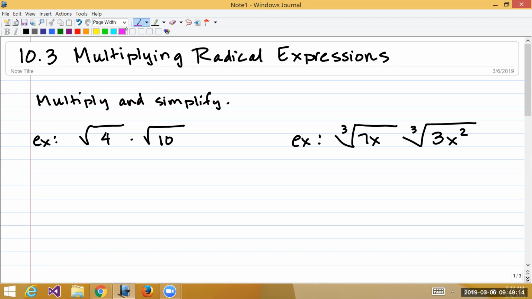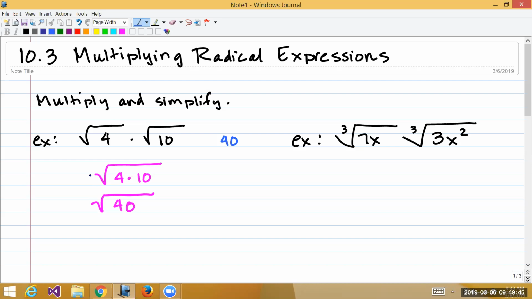together. So this one would become the square root of 4 times 10, which is the square root of 40. And we ask ourselves now, does 40 have any perfect square roots? If you can't see it right away, just do a little scratch work on the side, draw yourself a prime factor tree, and look for the factors that are repeated.